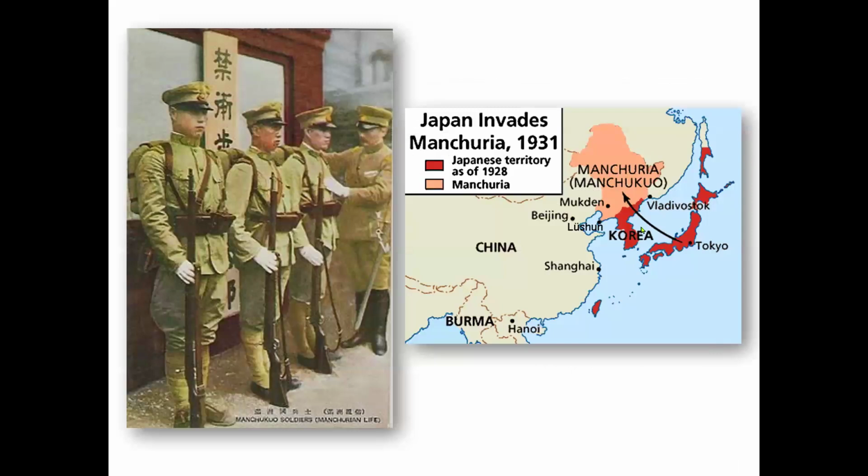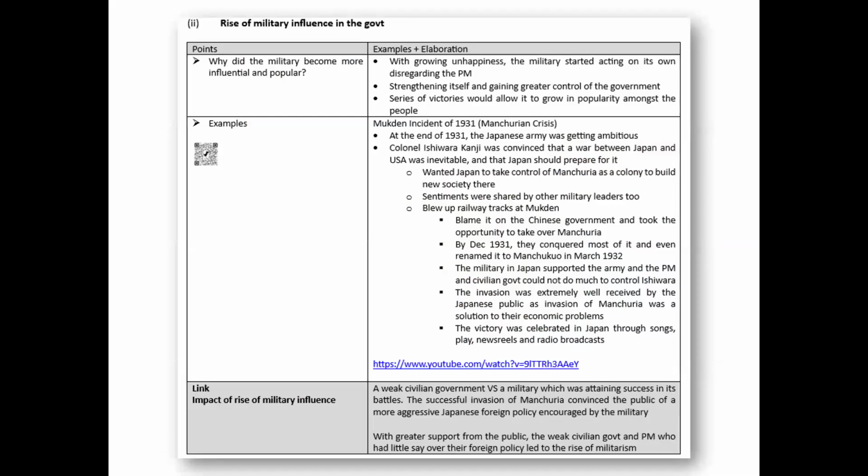All right, so this is the Kwangtung Army in Manchuria. Now, it does not help that the military became more popular, as people were very upset and felt that the civilian government was not good enough. The military seemed to be getting a lot of support. There were a lot of victories, things like the Mukden incident, and memories from the Russo-Japanese War and the Sino-Japanese War. All that made the Japanese military more popular than the civilian government.